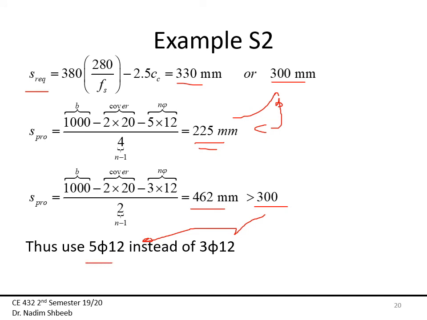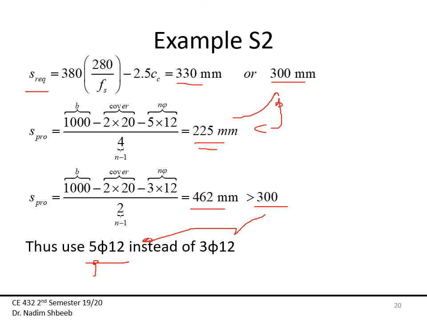So just one of the notes here, although we do not need 5 12 for the other moments, because of the crack control, which dominated here, I'm using 5 12, which means for this slab in particular, there's no problem in the flexural design.